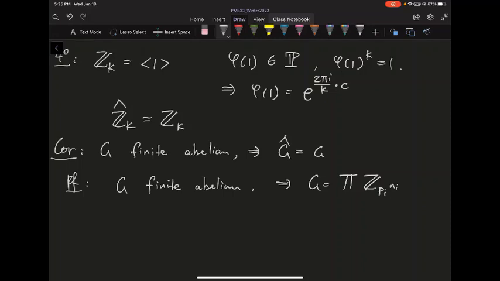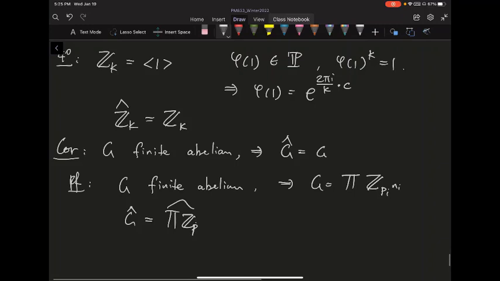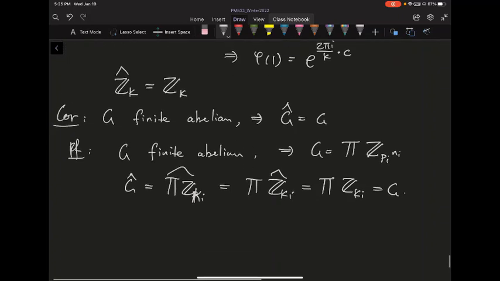In any case, it's finite, so we don't really care whether it's prime or not. Because of that, G hat, since we showed the dual group of a direct product is the direct product of the dual groups, is the product of the Z of k_i, and for each of these finite groups the dual is itself, so Z of k_i again, and that is equal to G. Everything has the discrete topology.